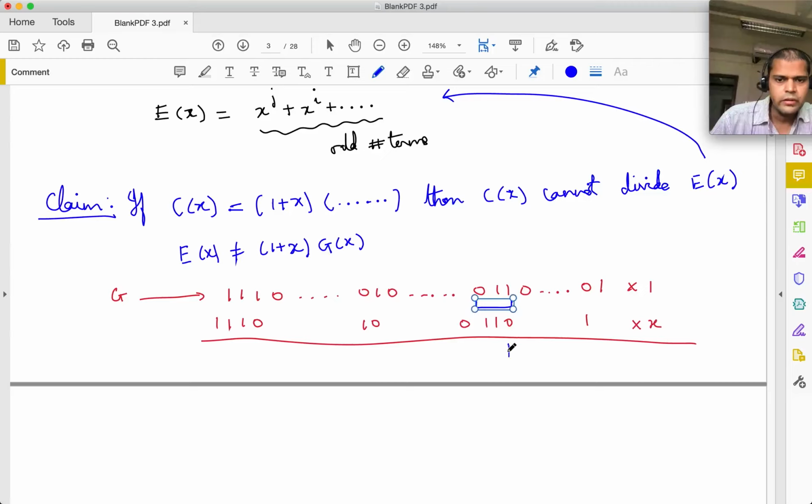I have 1. Here I end up with 0 in between, and this last 0 which precedes this set of ones ends up as a 1. So let's look at this particular case. I'm looking at these bits. I have 1 here, and this also becomes a 1.